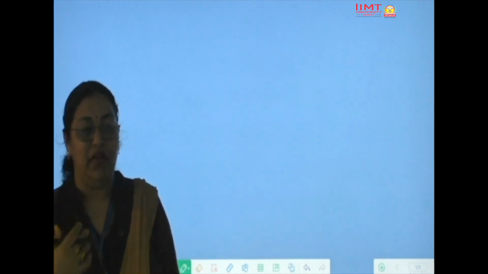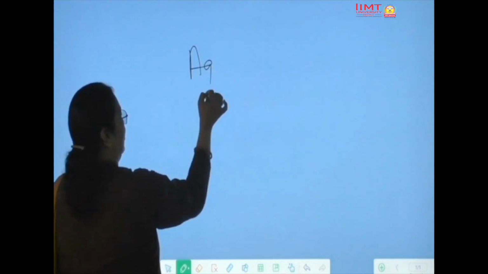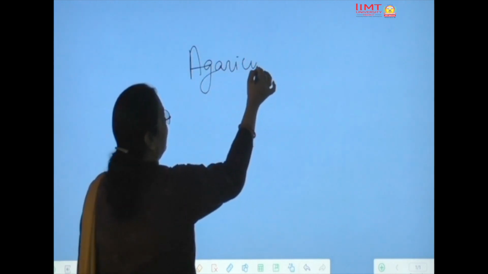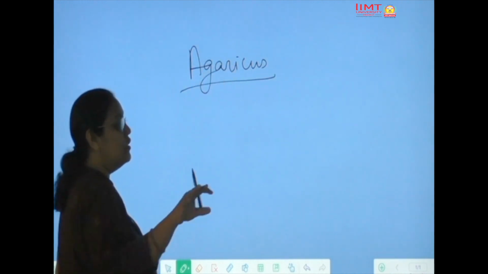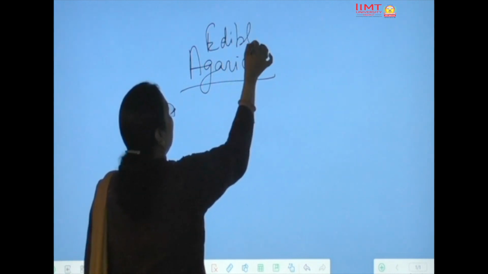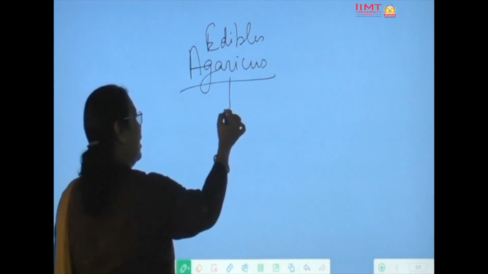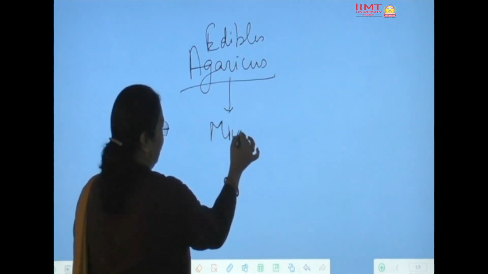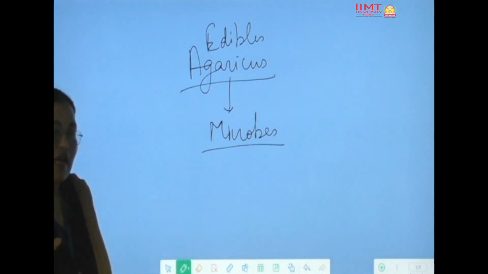In this lecture only I made you aware about mushrooms, Agaricus. Sometimes these mushrooms are poisonous, but there are edible mushrooms which we are using in our diet. Now these edible mushrooms are microbes, but we are eating them as a food.